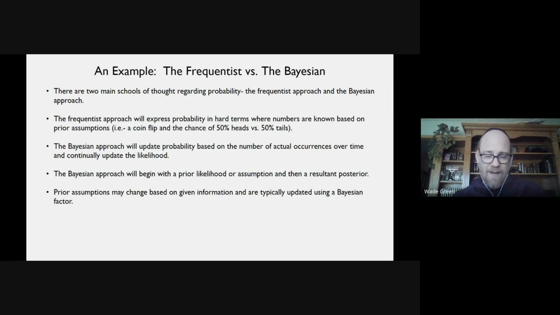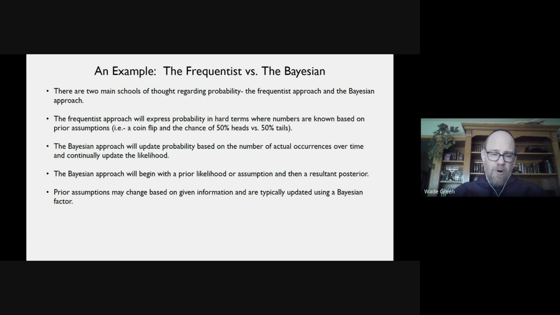If we have a quarter, with one side heads and one side tails, we know that with one coin flip we have a 50% chance of heads versus a 50% chance of tails. Okay, so let's say we have 4 coin flips in a row, and three out of the 4 land on heads. Then we have a 75% occurrence of heads versus tails.